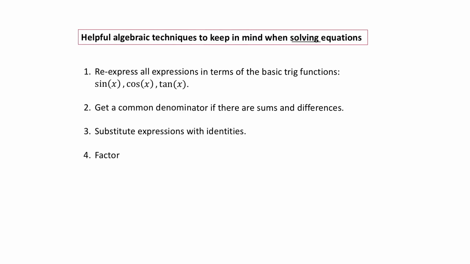Another thing that I want you to keep in mind is that there are some helpful tips that we can implement whenever we have to solve an equation. So for example, if you're given an equation and the equation has secants, cosecants, and cotangent, you may want to reconsider re-expressing that in terms of sine, cosine, and tangent, the basic trig functions.